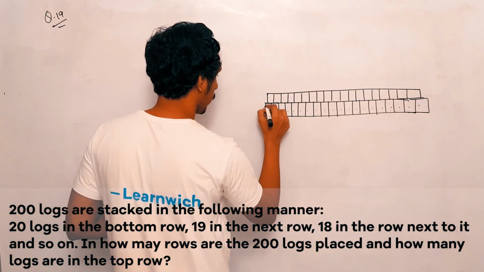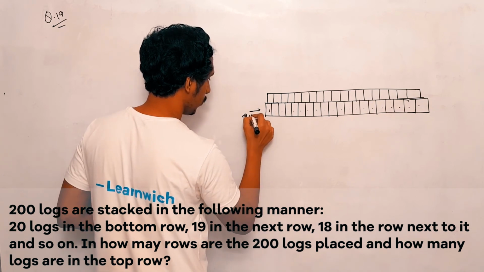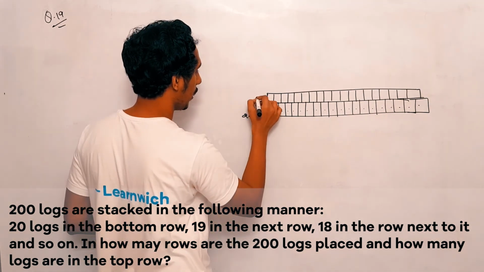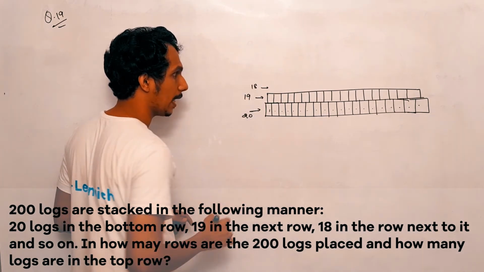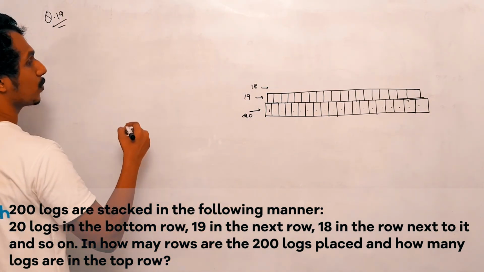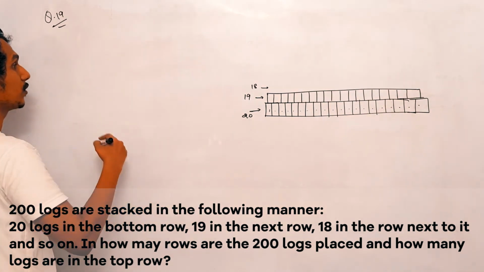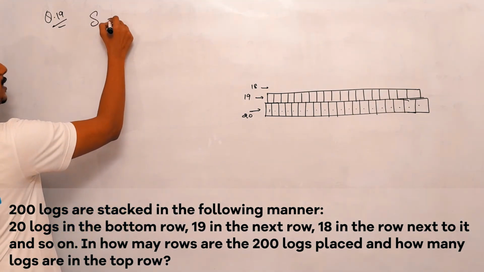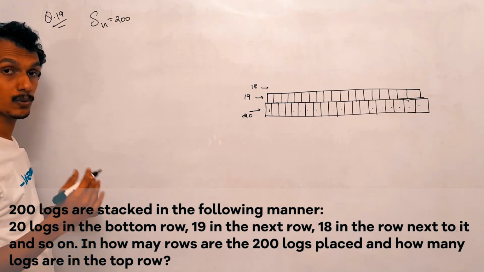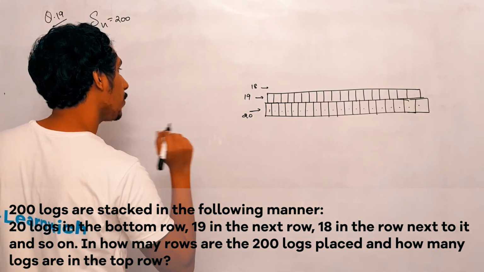Okay, so here there are 20 logs, here there are 19, on top it will be 18, etc. Okay, so there are 200 logs, so that means the total number of logs. So what is given? Yes, Sn is 200. There are 200 logs. Okay, no problem.